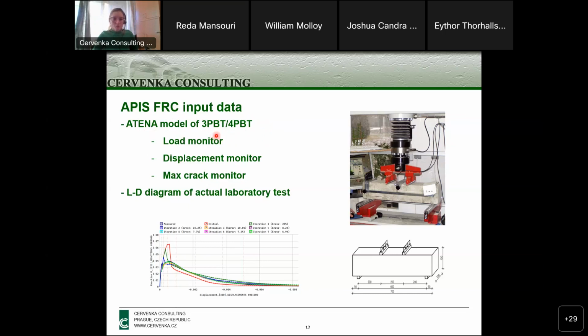The first monitor that has to be there is the load monitor, then the displacement monitor, of course, because you are working with LD diagrams and you are going to compare them, and then the max crack monitor also has to be included. And besides this model in ATENA, you need also the LD diagram from the actual experiment from the laboratory.